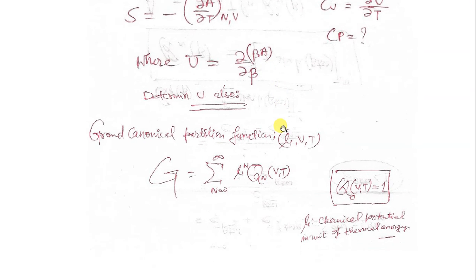Now we move to another ensemble theory, that is the grand canonical ensemble theory, the generalized ensemble theory of the canonical ensemble approach. In the case of the grand canonical ensemble theory, we have the system defined using three thermodynamic parameters. One is the chemical potential, another one is the volume of the system, and T is the temperature at which your system is kept at a fixed value.